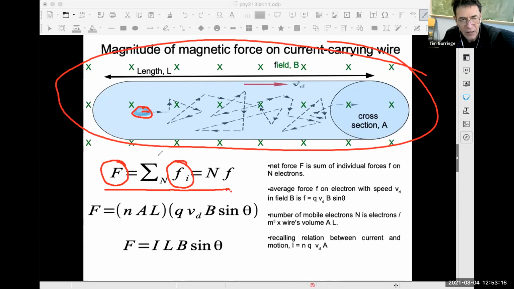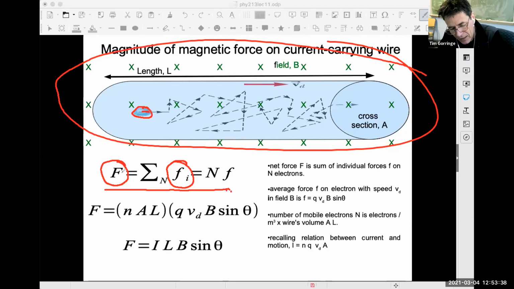There's uppercase N electrons moving along this piece of wire. They're all experiencing a little force, lowercase f with a subscript 1 for the first electron, 2 for the second electron, 3 for the third electron, and so on. And so I've just got to add them all up.